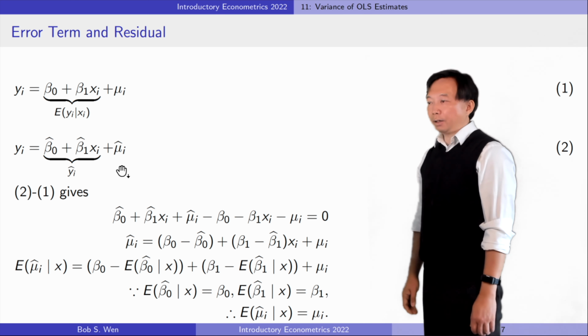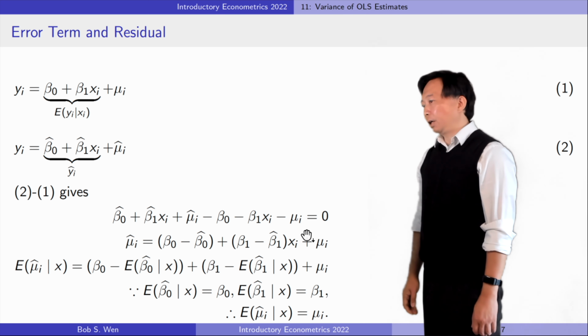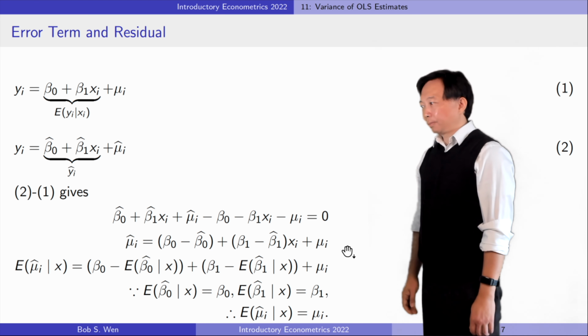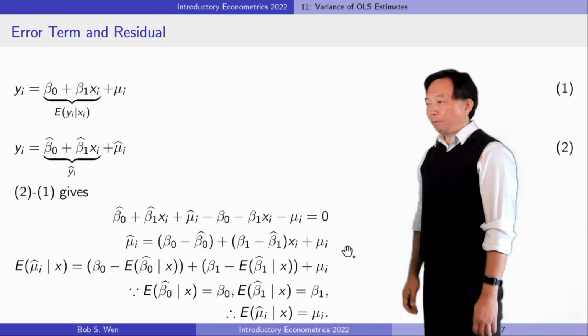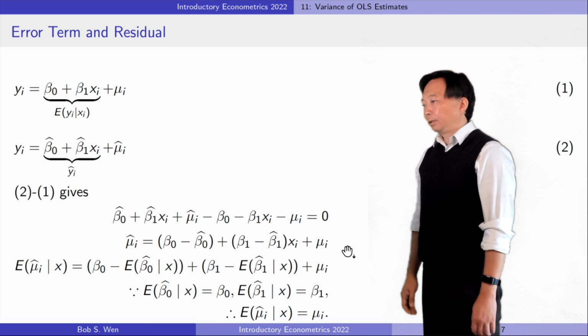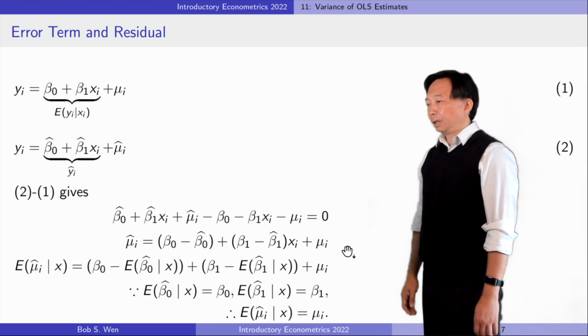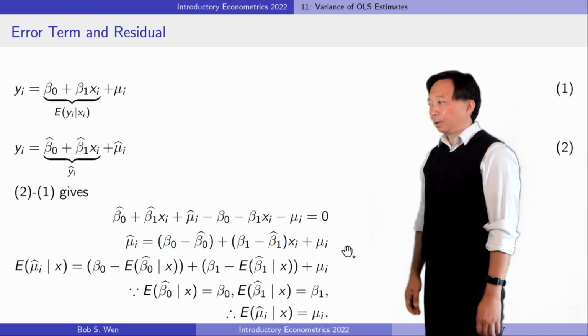Equation 2 minus equation 1 gives the residuals function in terms of population parameters, OLS estimators, explanatory variable, and the error term. This is the relationship between the residual from OLS and the error term. The error term is never observed, while the residuals are computed from the data. They are not the same, but are related to each other.